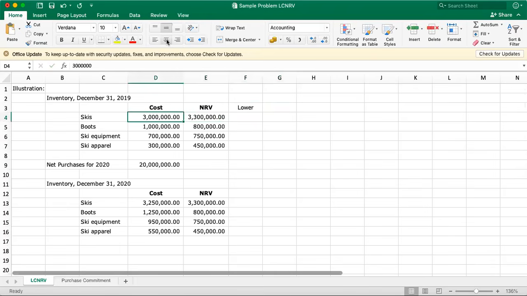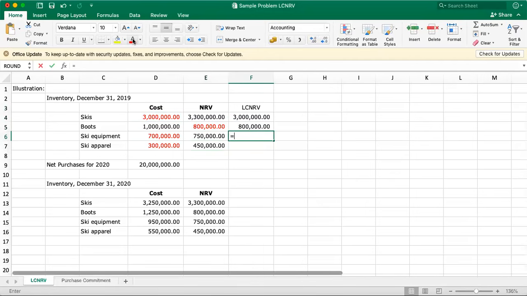Let's highlight the lower. For boots, it is the NRV. For ski equipment, the cost is lower. For ski apparel, the cost is lower. Therefore, the lower here is 3 million, 800,000, and 700,000.